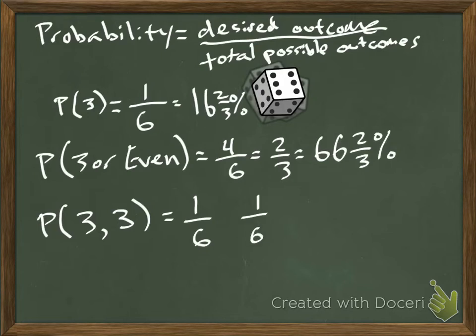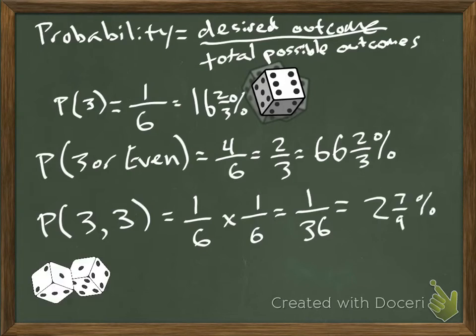And remember that these are independent events. What I rolled before doesn't impact what I'm going to roll the second time. Once I've done that, I can multiply those probabilities together to find the probability of my total event. In this case, it would be 1/36, or about a 2 7/9% chance that I land on a 3 and then a 3. And you can see that probability is really small.